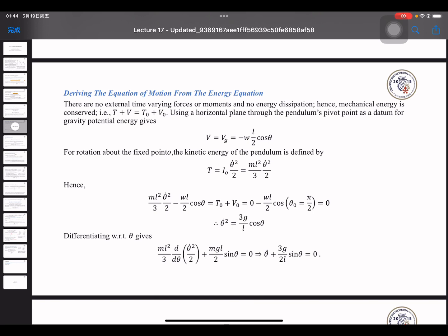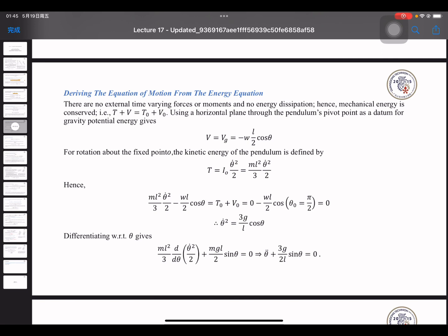Hence, m L squared over 3 times theta dot squared over 2 minus W times L over 2 times cosine theta will equal T0 plus V0. And finally, it will equal 0 minus W times L over 2 times cosine theta 0, where theta 0 equals pi over 2, equals 0. So finally, theta dot squared equals 3g over L cosine theta.